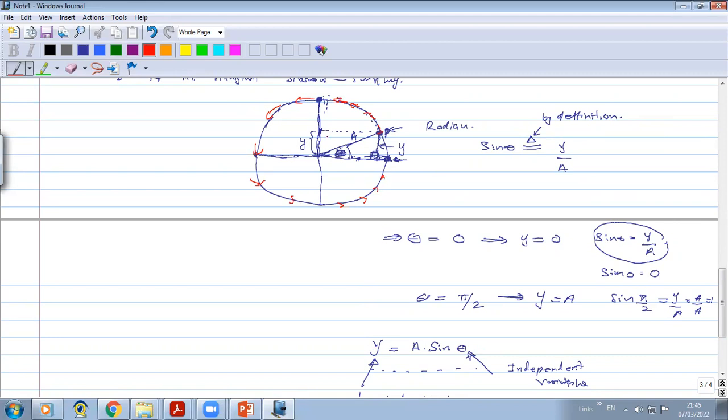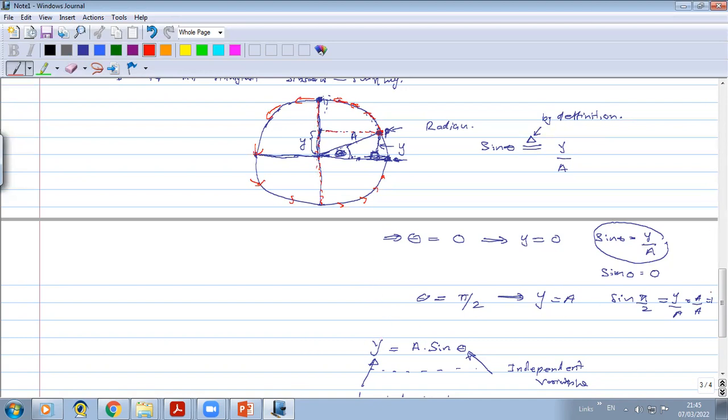And what is this y? Actually, it is the projection of this point on this axis. So it is the y.